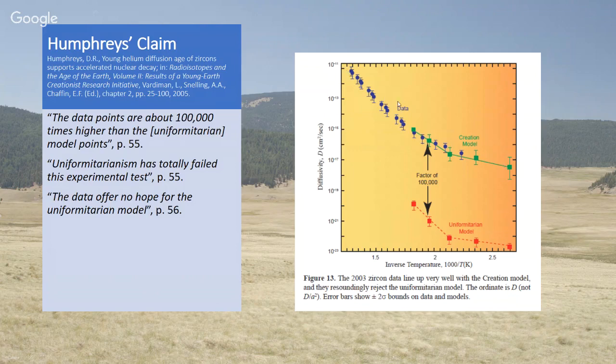And then they also commissioned a researcher to measure the diffusivity. And the point he was making was that the measured diffusivity seems to line up with his model diffusivity from the young Earth model and not the old Earth model. And he's pointing out that there's a 100,000 factor difference. And he made these claims that uniformitarian has totally failed this experimental test, and the data offer no hope for the uniformitarian model.